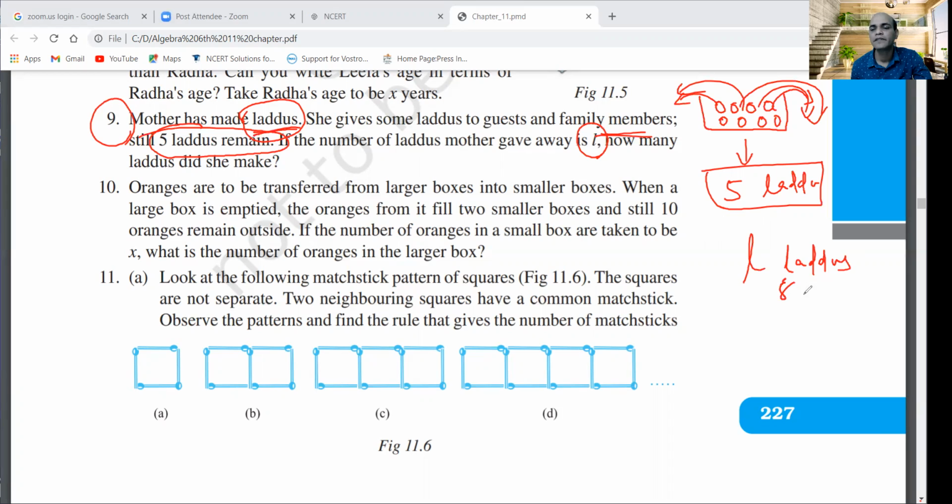She gave L laddus to others. Remaining how much? 5 is remaining. So who can tell me the answer? How many laddus were there earlier, before mother gave? मदर लड्डू देने से पहले बॉक्स में कितना लड्डू था?